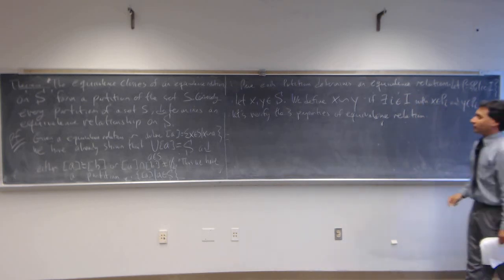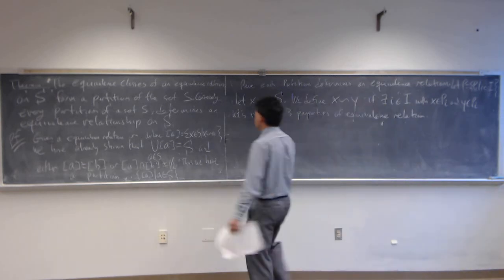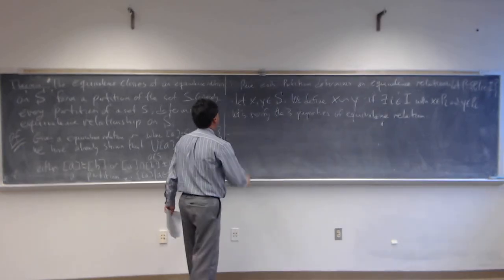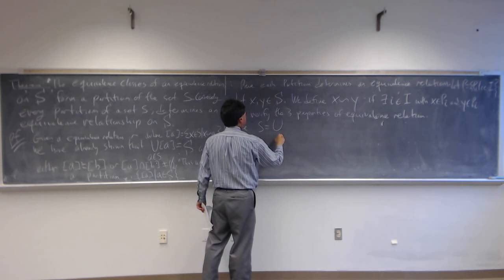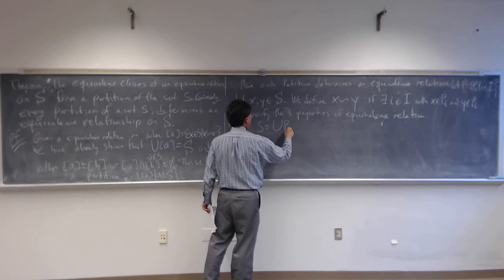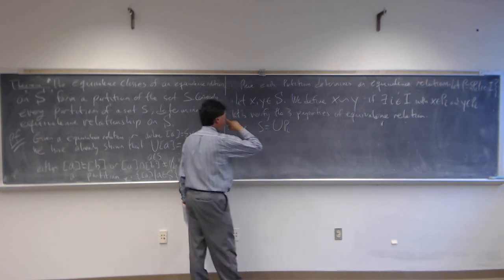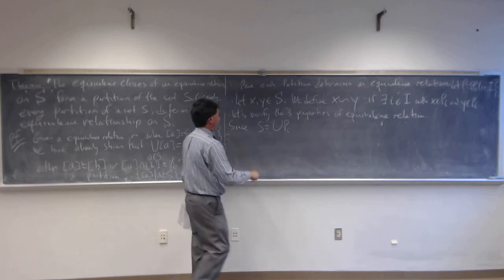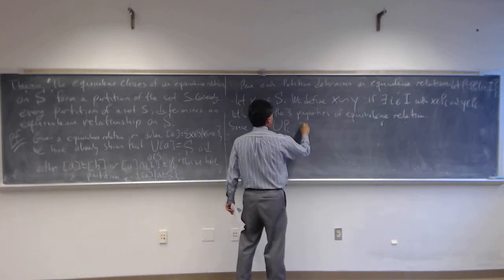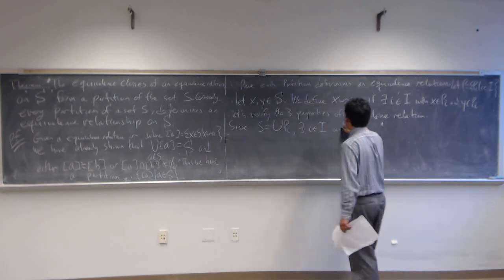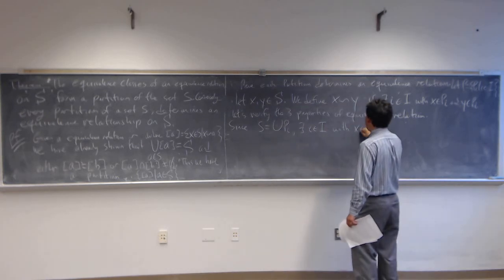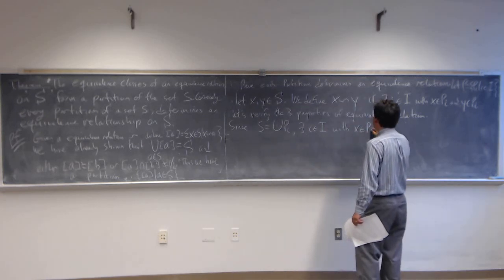First, reflexivity. By definition of a partition, S is a union over this set. There exists a j with x in P_j.